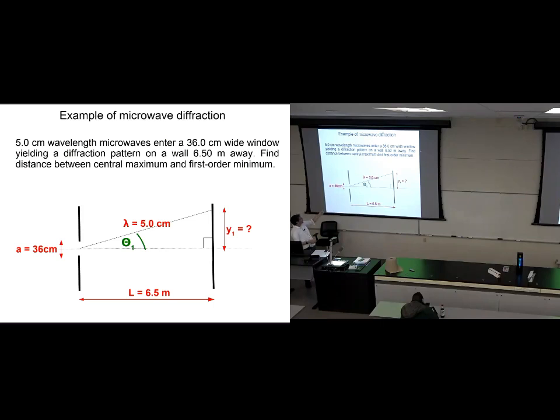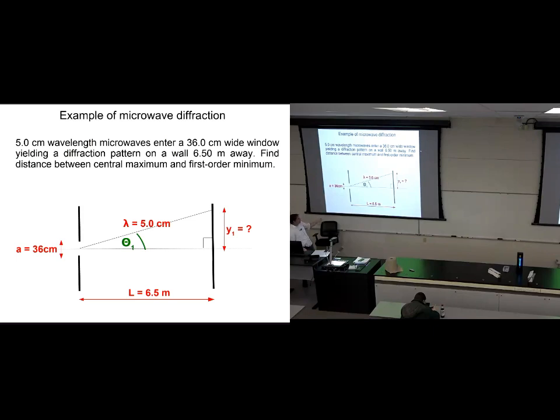The window size is 36 centimeters, so we should be thinking about diffraction, because the wavelength of the microwave is 5 centimeters and the width of the window are similar scales. So we're going to get diffraction, which is the bending of the microwaves as they emerge through this slit and their interference.